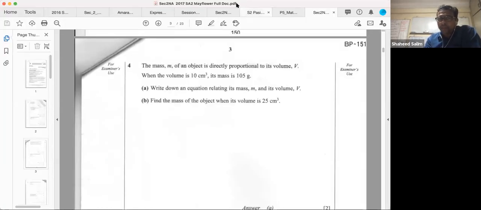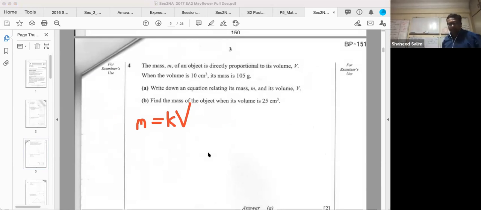So I just give you what they are saying down here. M is always the first one, equals k times V. You got to find what k is, and then you rewrite the formula.